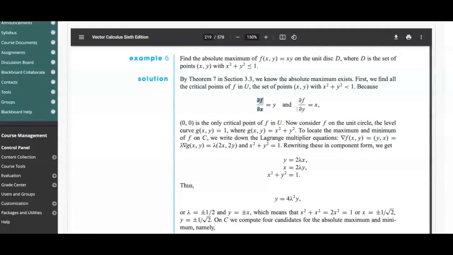Can you tell me what is gradient f? The first derivative? Partial f partial x, comma, partial f partial y, isn't it? Yes. What's partial f partial x? That equals y. What's partial f partial y? That equals x. There's nothing switched. In this example, that's exactly the gradient of f.